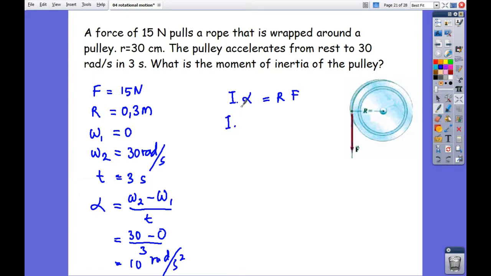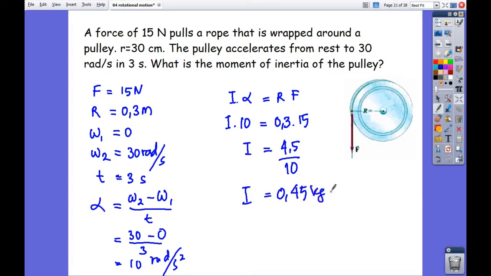I times 10 equals 0.3 times 15. I equals 4.5 over 10, so I equals 0.45 kilogram meter squared.